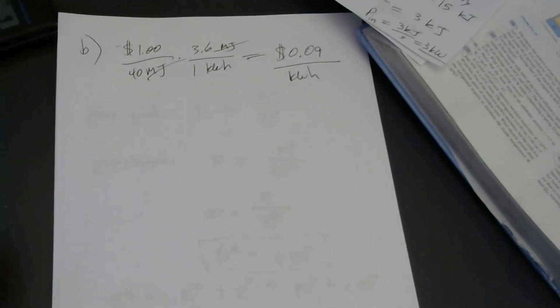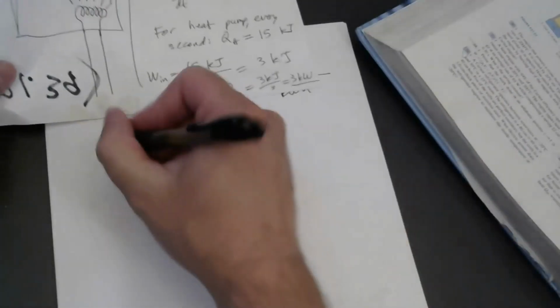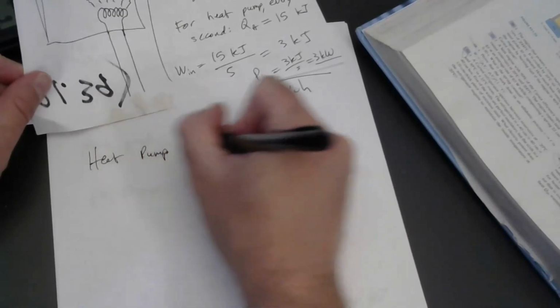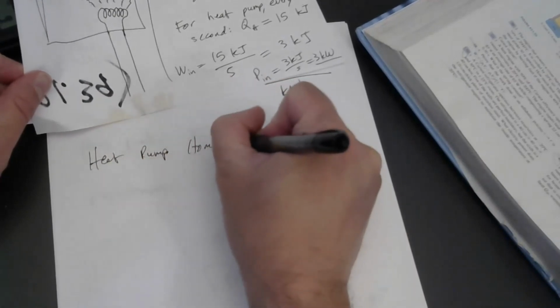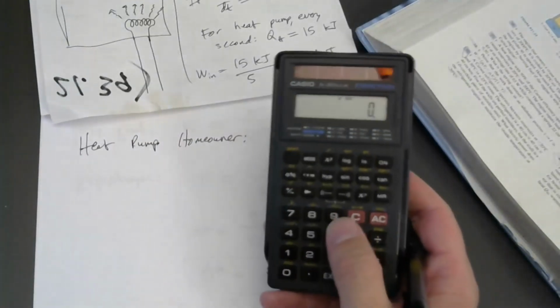So let's figure out what it's going to cost each person. The homeowner who just uses space heaters during the winter, or the homeowner who drops some cash on a good heat pump. For the heat pump homeowner, they tell us that the average house has the heater on for 250 hours during the month.